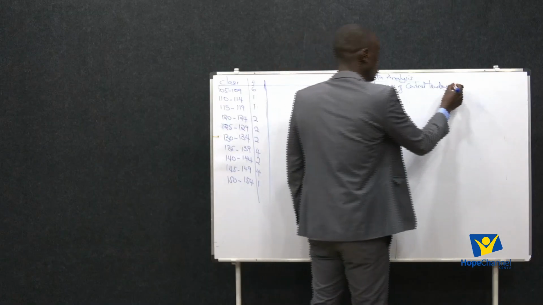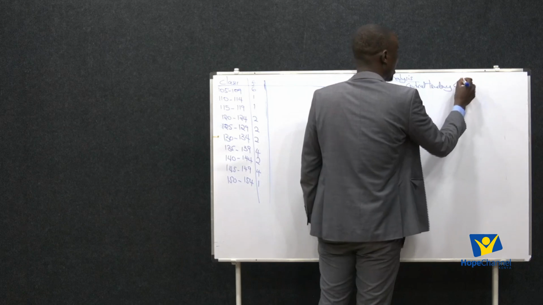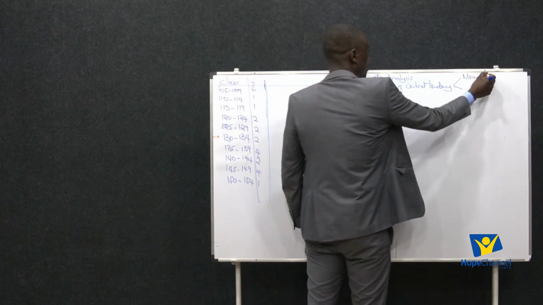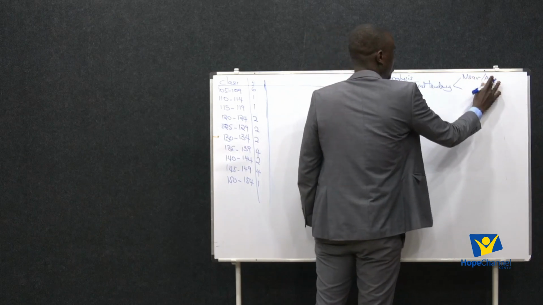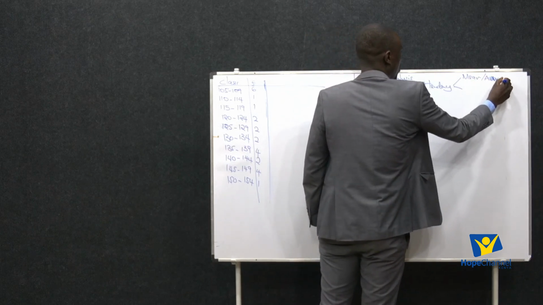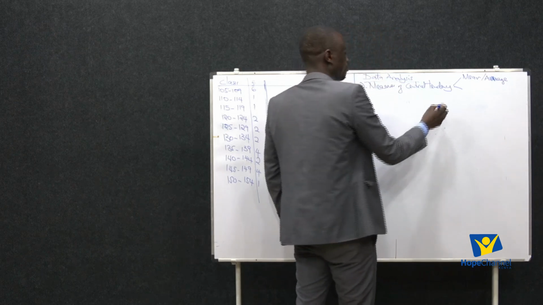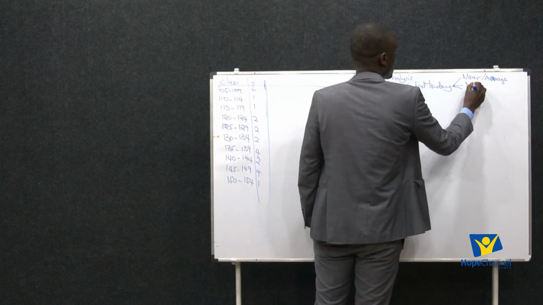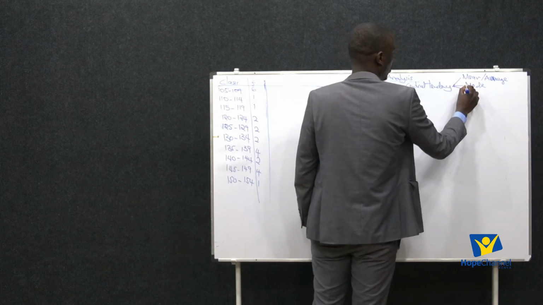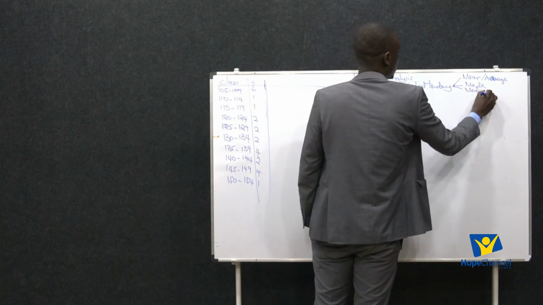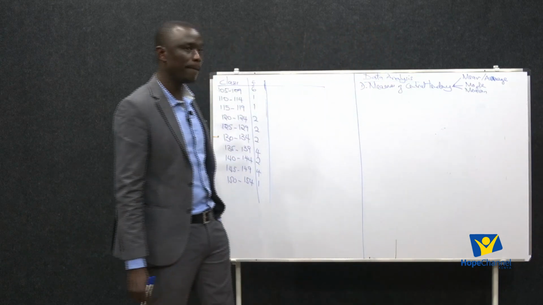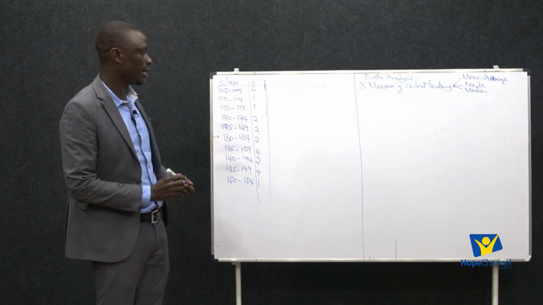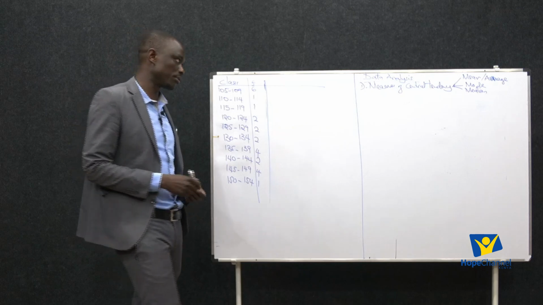We are going to have the mean, or simply the average, the mode, as well as the median. Those three are the measures of central tendency. They tell us how data is towards a central position.